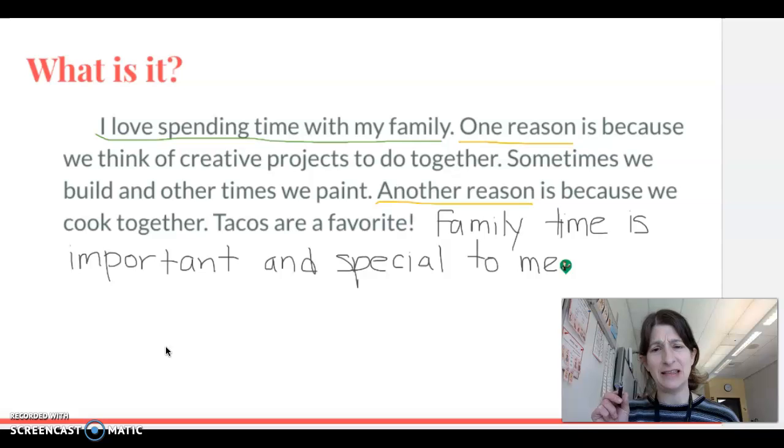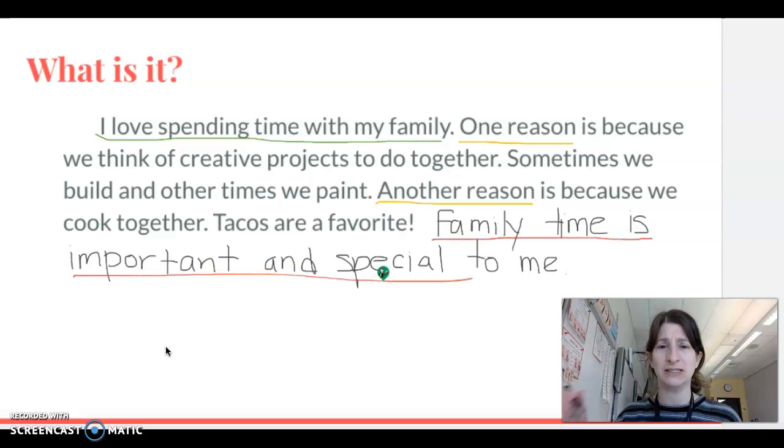Did I say the exact same thing? Not exactly. I put it in different words to wrap up how I feel because this paragraph was all about how I feel. So I'm going to underline my conclusion in red because it's going to conclude or stop my idea, my story, or my paragraph.